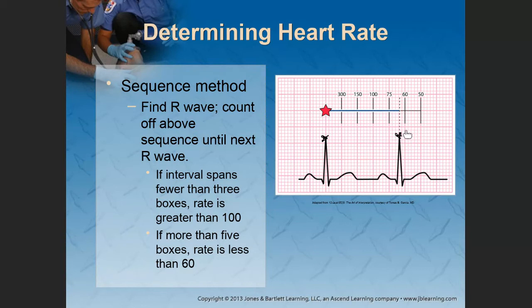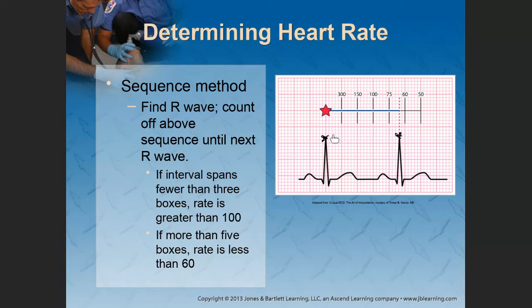Now, once the RR interval of your QRS complexes is within 3 to 5 large boxes, you have a normal rhythm, right? So if it's within 3 to 5 large boxes, the rhythm would be normal.